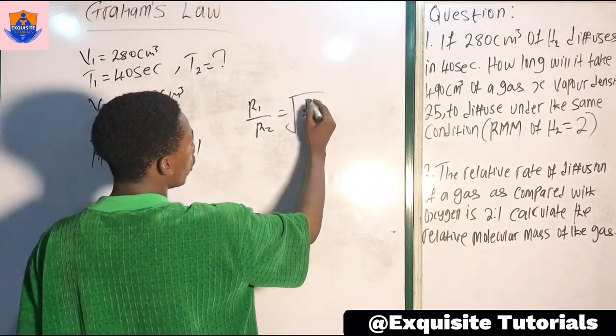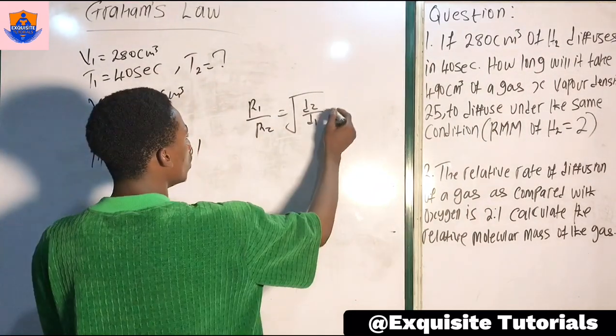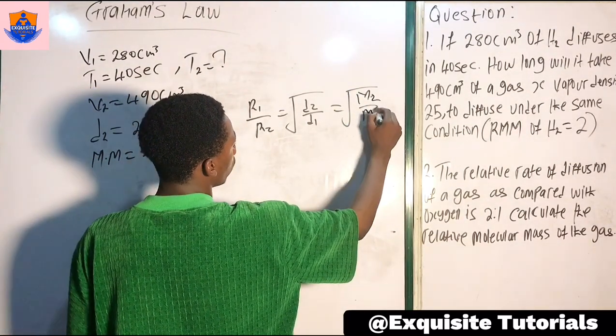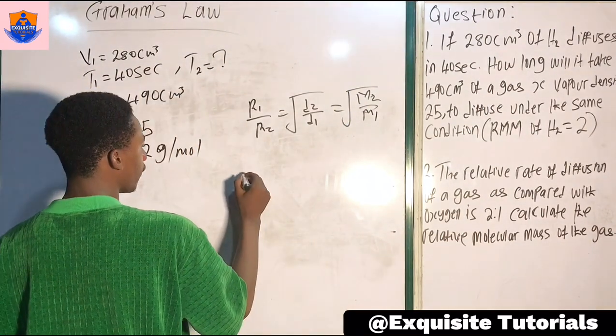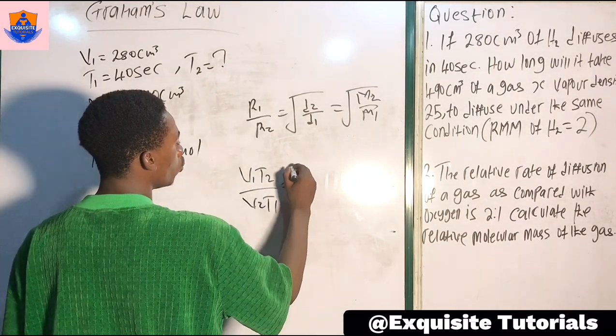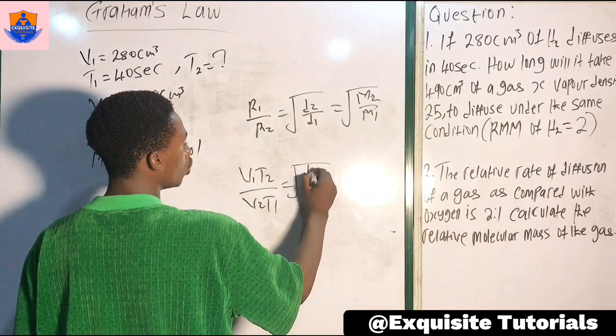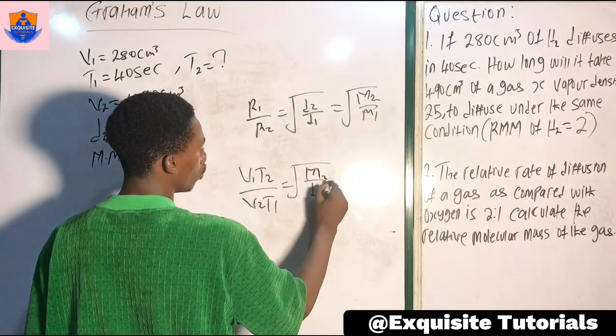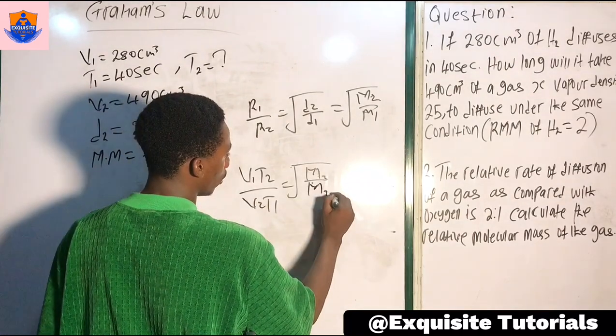Anywhere you see D2 over D1, you can replace it with root M2 over M1. So the other one I gave, V1 T2 over V2 T1 is equal to root D2 over D1, you can replace it with root M2 over M1.